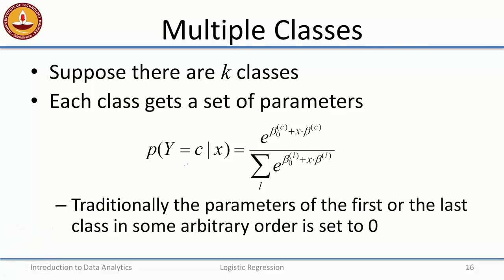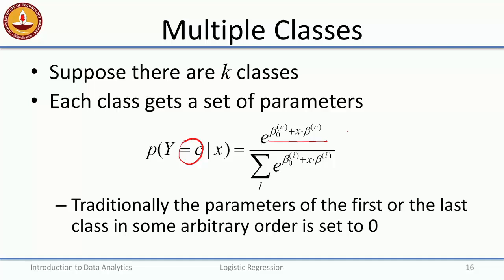So, the probability that a particular class is the right class for a data point is given by e power beta naught of c plus x beta c, which are the parameters specific to that class, divided by the normalizing factor, which is the numerator summed over all the classes.